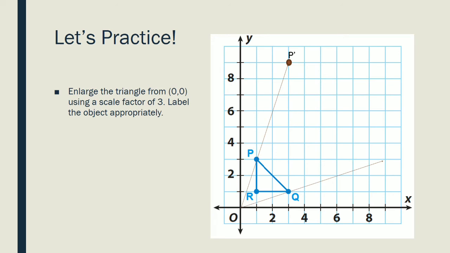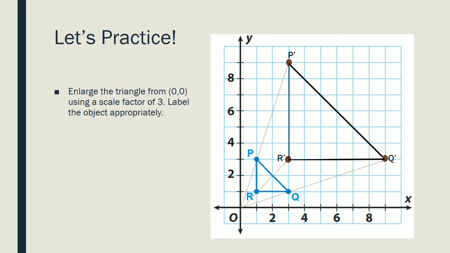The x-coordinate can be found by multiplying the x-coordinate of Q in the object by the scale factor 3. This gives 9. Therefore, the coordinates of Q prime are 9, 3. Finally, the coordinates of P prime can be found by keeping the x-coordinate of R prime and multiplying the y-coordinate of P by 3.